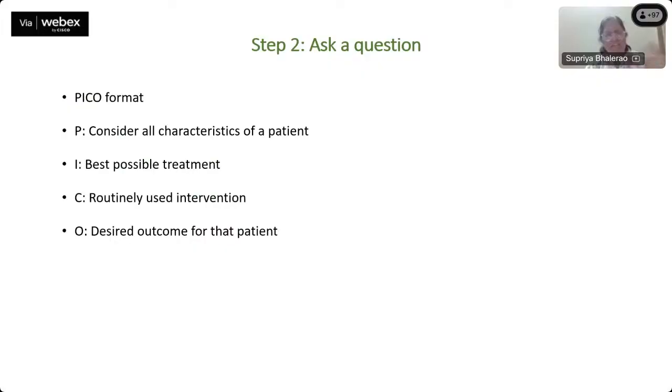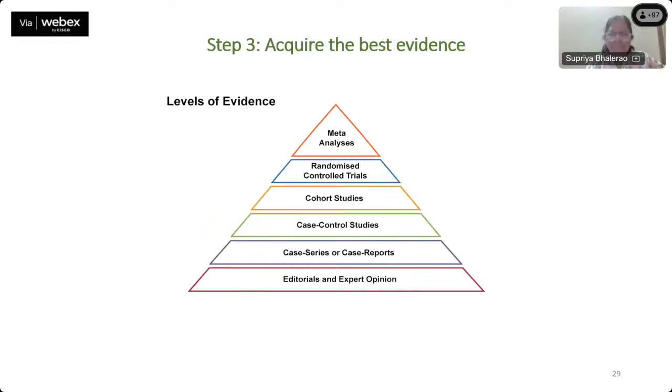So you can just give one intervention which is generally given in this condition, that is your control. But you want to find out, is there anything above this? And O is the desired outcome. So the desired outcome for that patient, whether you want to expand the lifespan of the patient, whether you want to give him some kind of pain-free period, what is your outcome? That you have to consider here.